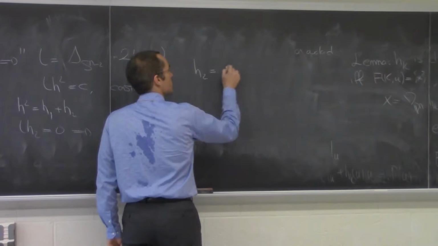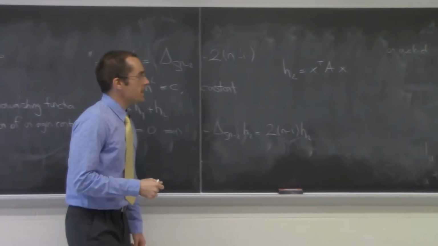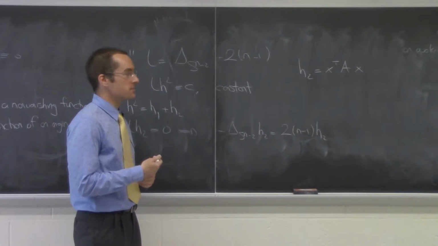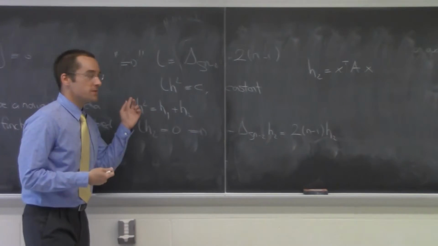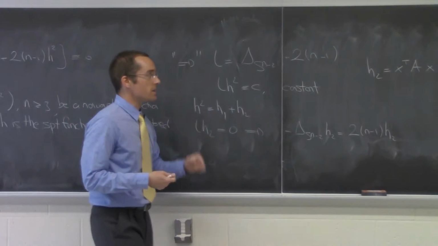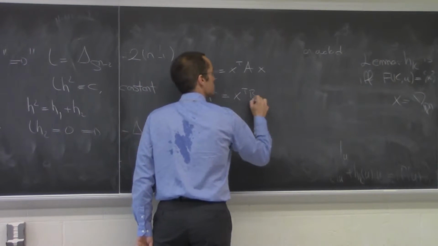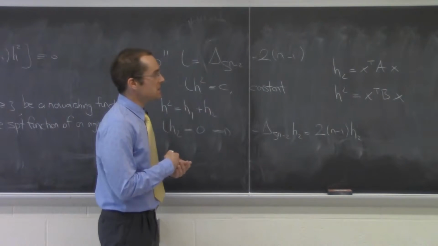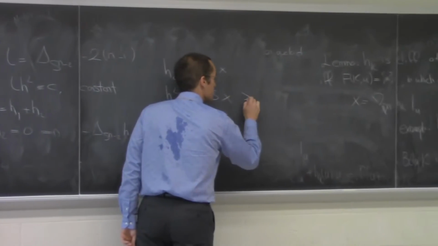So then h2 is of this form, where A is an n times n trace-free symmetric matrix. Well, because of this wise choice of h1, now I have h squared of this form. B is a symmetric matrix again, but it's also positive definite.